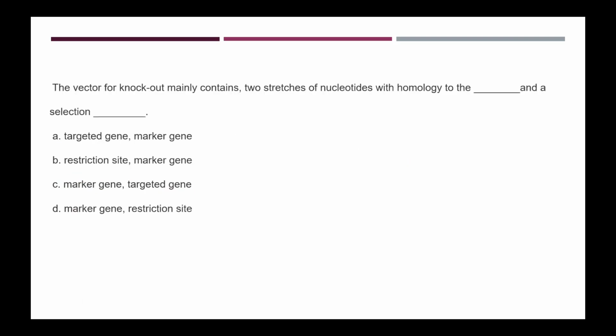Okay, so the vector for knockout mainly contains two stretches of nucleotides with homology to the dash and a selection what? Homology to?